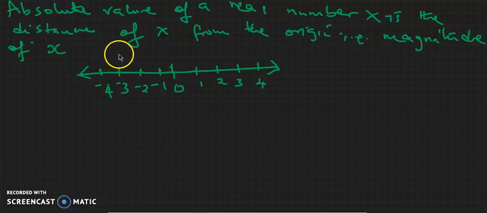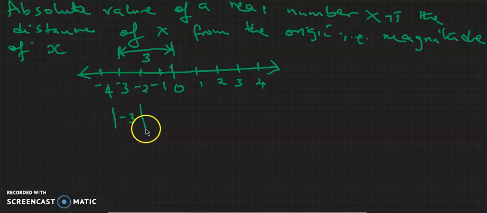When we talk of the distance from the origin, for example, if our real number is negative 3, then the distance from negative 3 to the origin is 3, and we denote the absolute value of negative 3 as 3. The magnitude of negative 3 is 3.